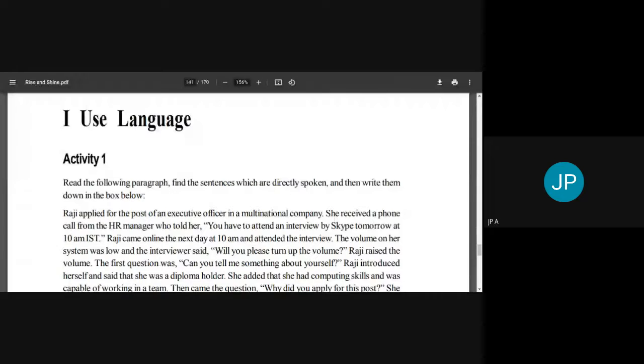It is a language module, and it begins with an activity. So let us just go through what is written in that activity.